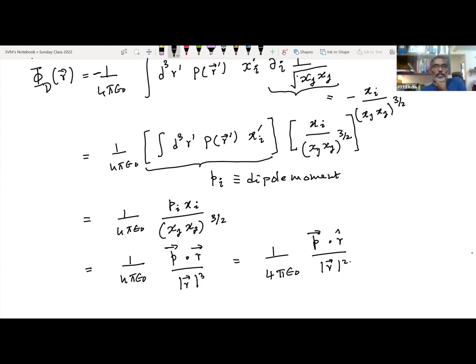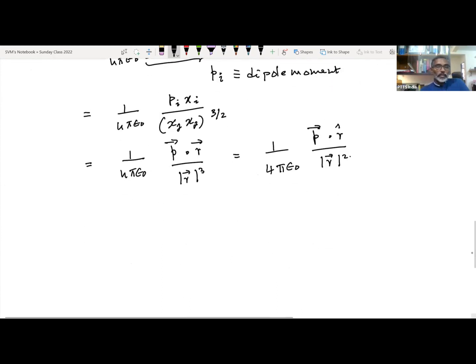Okay, so that is the second term. Now let's look at the third term. The third term is what we will call the quadrupole term. I would like you to try this.